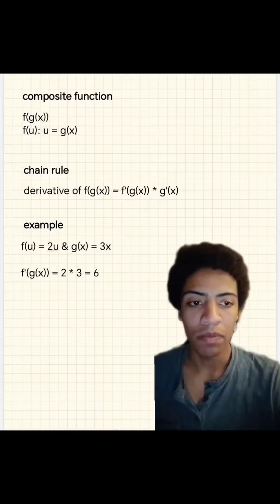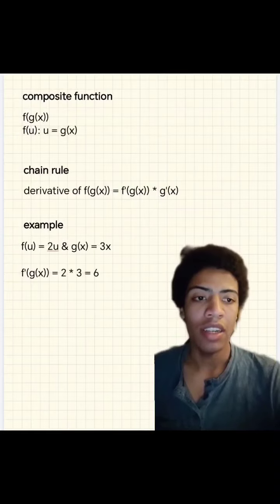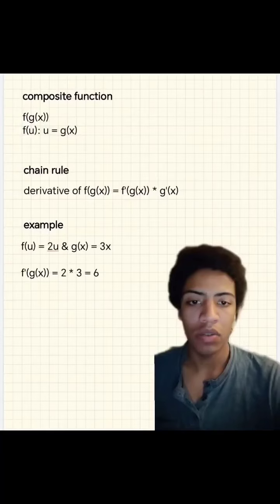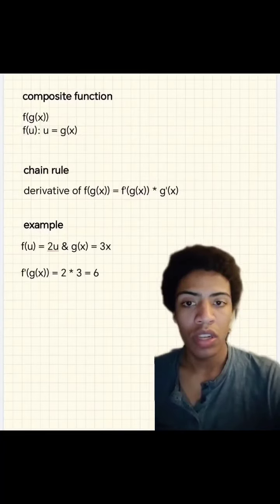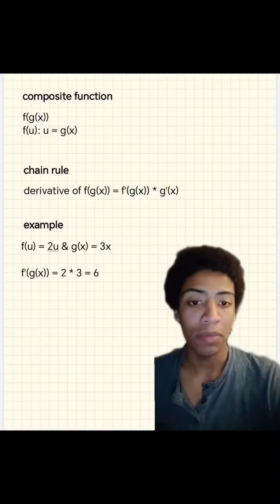So you could have a formula for you pedaling, and then the formula for the bike's total speed would be 2 times the function for pedaling. So that, for example, could be a composite function.